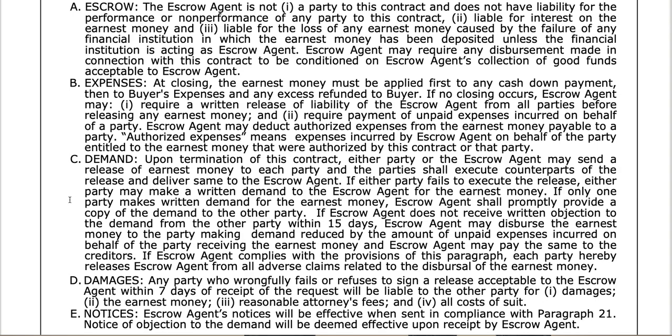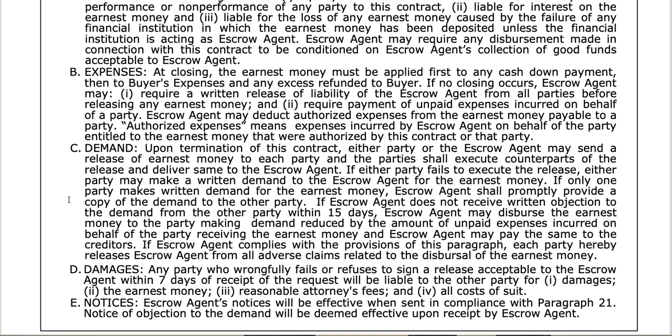If escrow agent does not receive written objection to the demand from the other party within 15 days, escrow agent may disperse the earnest money to the party making demand, reduced by the amount of unpaid expenses incurred on behalf of the party receiving the earnest money, and the escrow agent may pay the same to the creditors. If escrow agent complies with the provisions of this paragraph, each party hereby releases escrow agent from all adverse claims related to the dispersal of the earnest money.